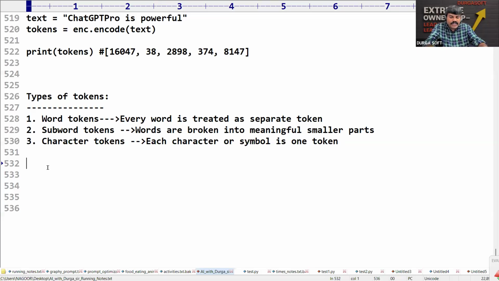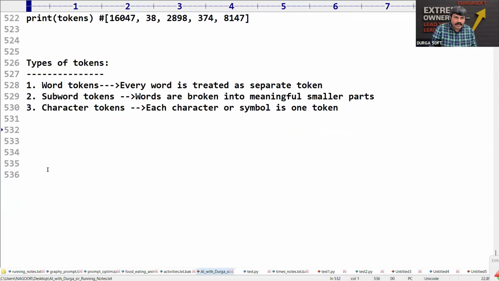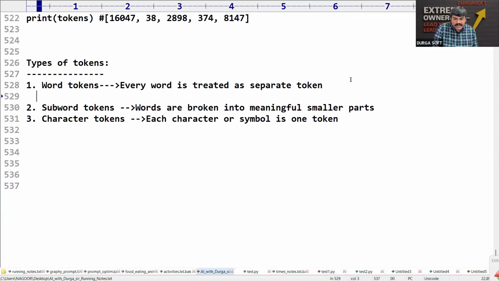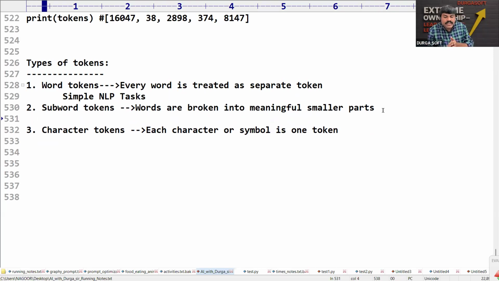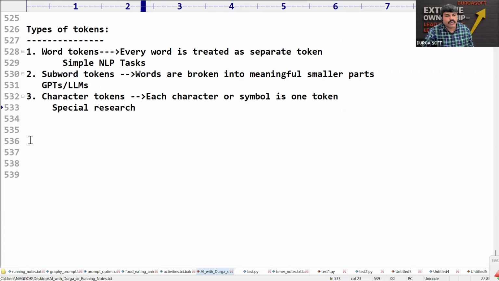So where are these going to be used? Word tokens are used in simple NLP tasks. Subword tokens are used in GPTs, of course, LLMs. Character tokens are used in special research, which is very slow.